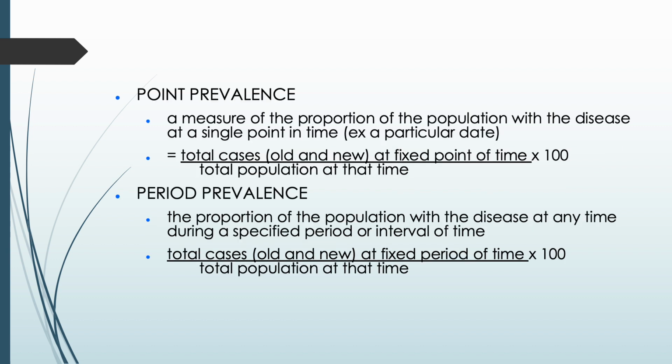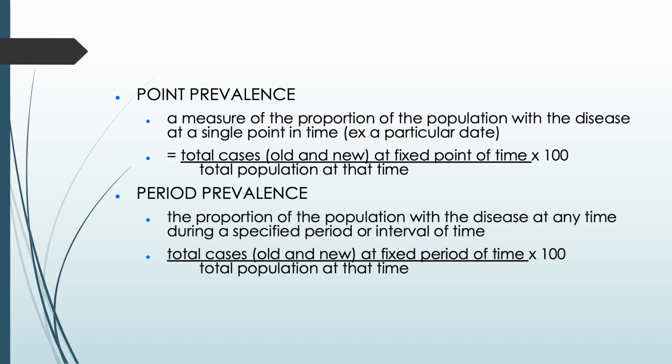Point prevalence is a measure of the proportion of the population with the disease at a single point in time or a particular date. It is equal to the total cases, again old and new, at a fixed point of time over the total population at that same fixed point of time, times 100.